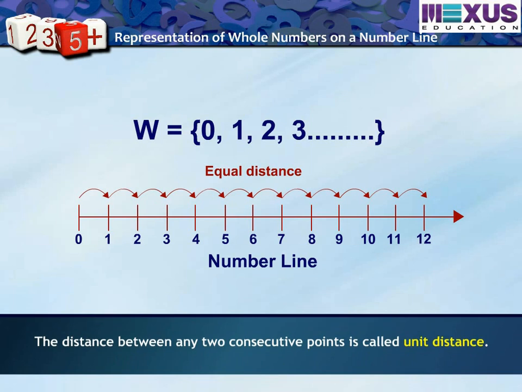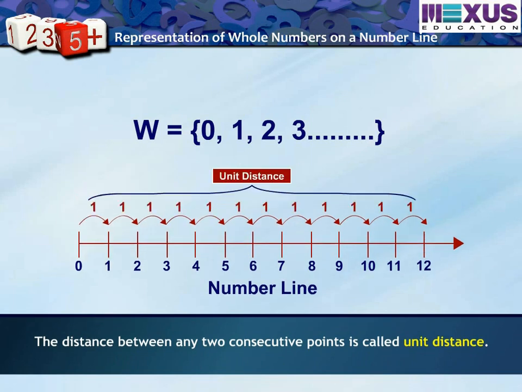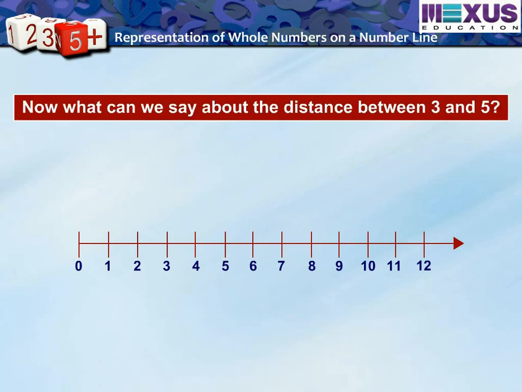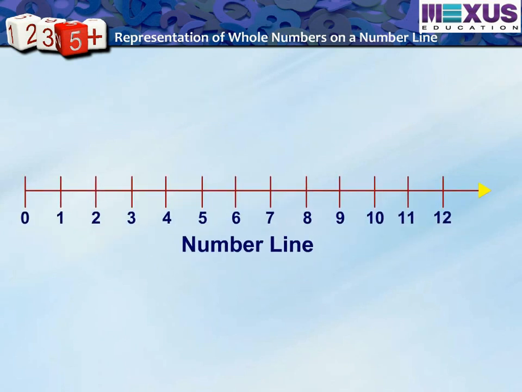Here the distance between any two consecutive points is called unit distance. Now what can we say about the distance between 3 and 5? It is 2 units. Can you say the distance between 7 and 12? Yes, it's 5 units. Here, the arrow on the right side represents that the numbers continue to infinity.